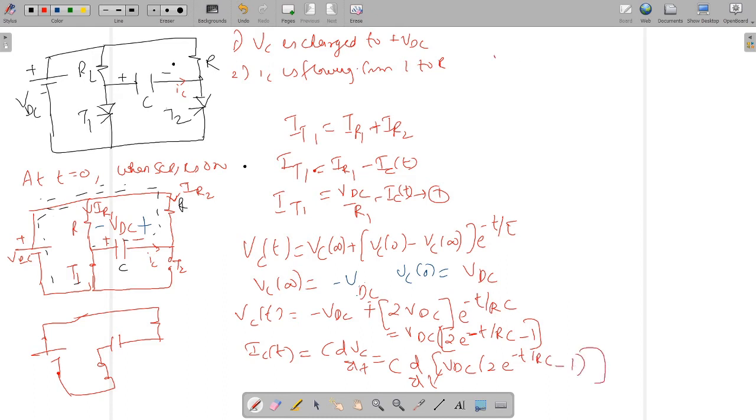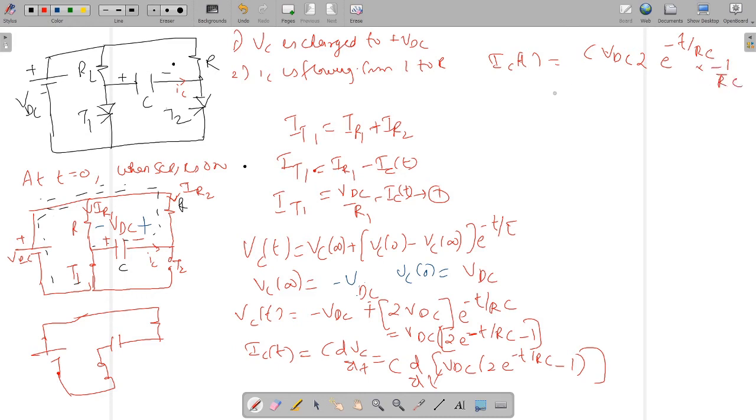So now iC(t) will be equal to what? Here VDC is common, so C into VDC will come out. This 2 is also a constant value, and if you take the differentiation of it, it will be e to the power of minus t upon RC, and this minus 1 upon RC will come out.